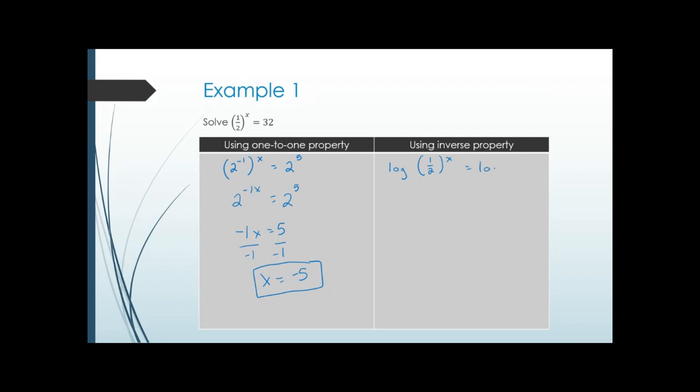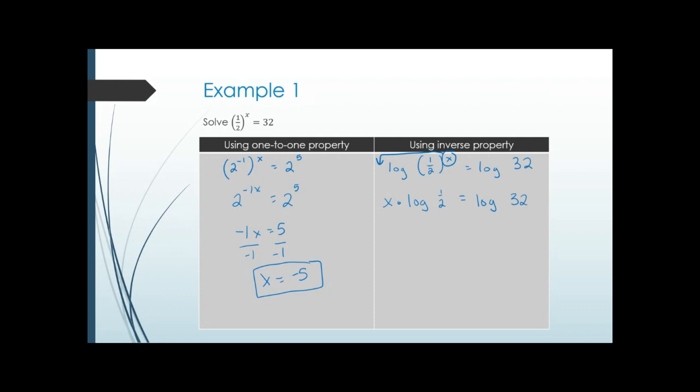And so I have to physically write that down. Log of 1/2 to the x equals log 32. Then we're going to use the properties of logarithms to take that exponent and put it down in front. So we have x times the log of 1/2 equals the log of 32.